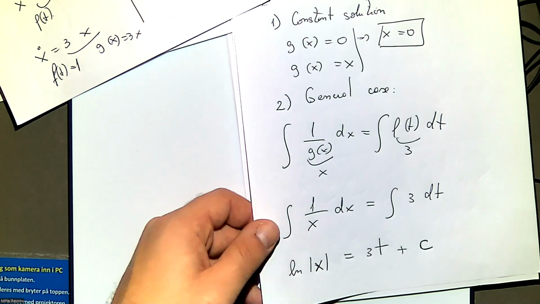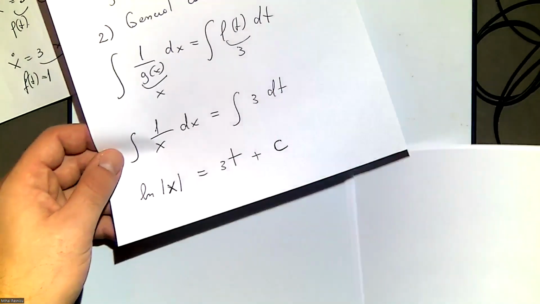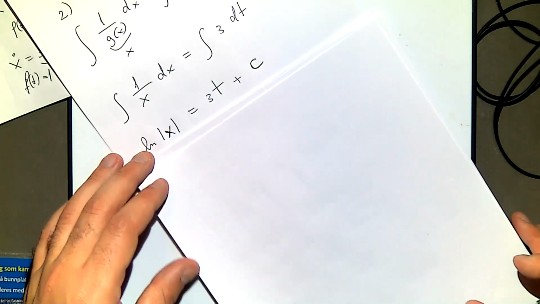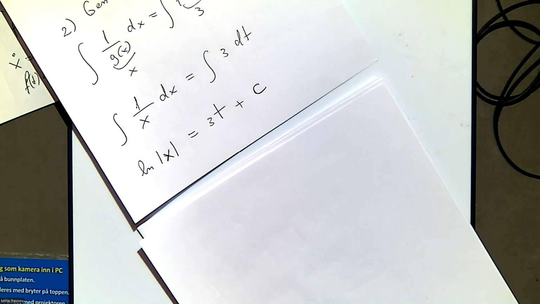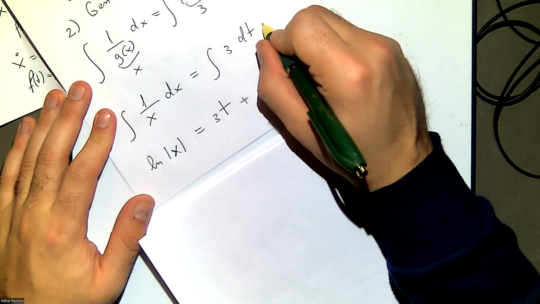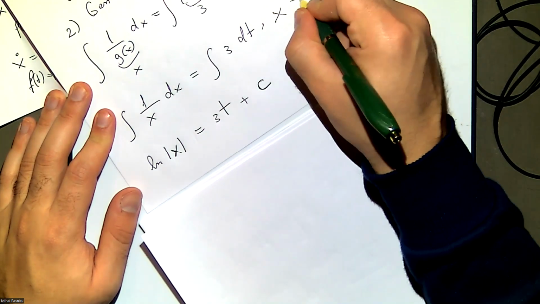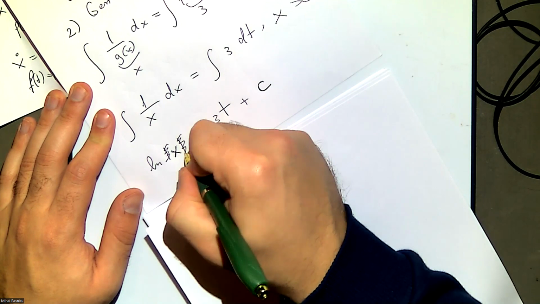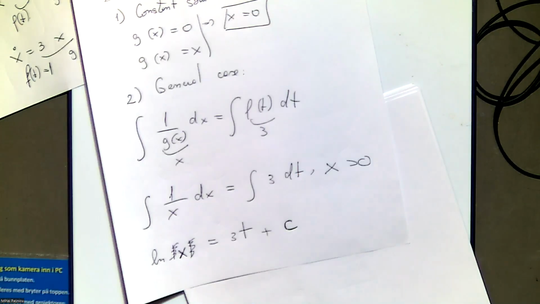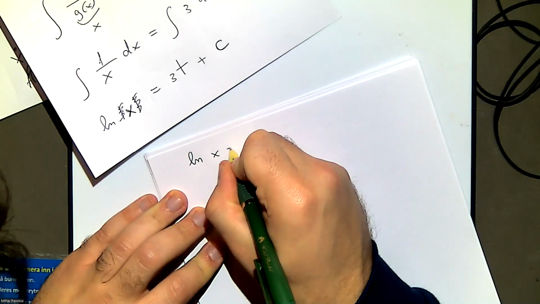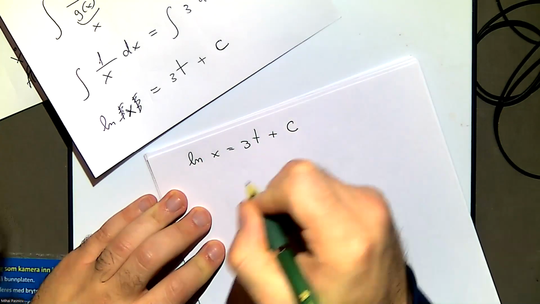And now, what I wrote here with absolute value is completely correct, but I know some of you are really not familiar with it. So just so you don't focus on this, and I don't get yelled at, I'm just going to say x is greater than 0, so we don't get stressed about that. So ln of x is 3t plus a constant.